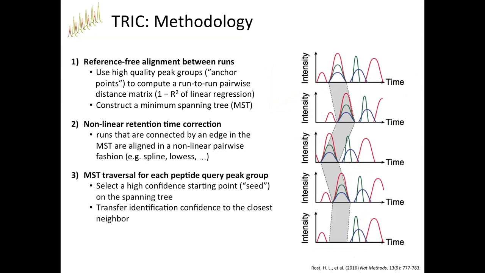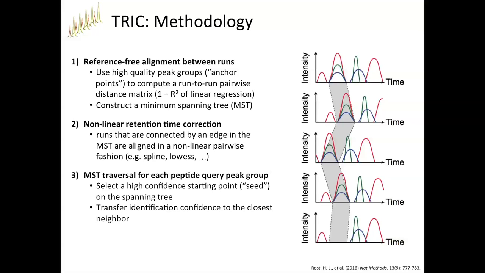And what you can then do is walk through your minimum spanning tree. Basically you do this for each peptide query peak group. So when you have a peptide query in your library, you start with the best peak group that was detected in your data set, and you walk through your spanning tree and find the corresponding peak groups in the neighboring runs. And what you can then do is transfer the identification confidence.